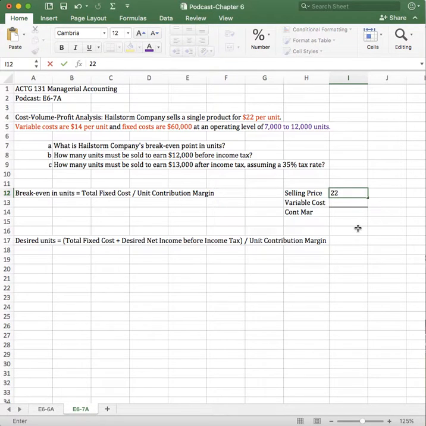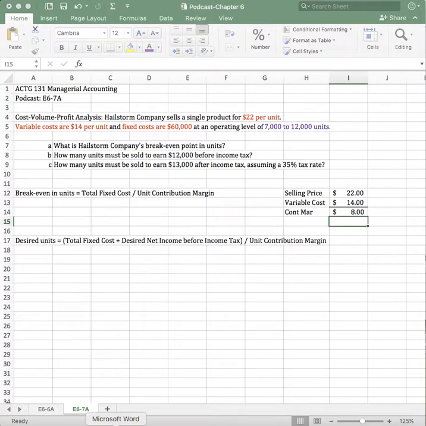We take the selling price per unit of $22, and we have the variable cost of $14, and the contribution margin is the selling price less the variable cost. So in this situation, it's 8. So selling price less variable cost is $8, and then $8 represents the contribution margin.